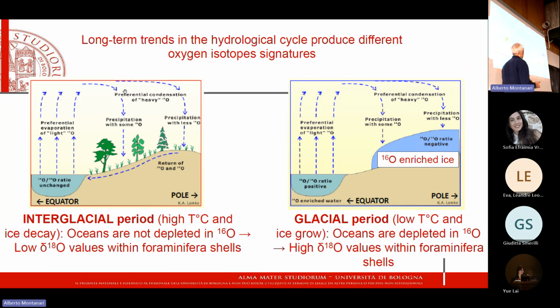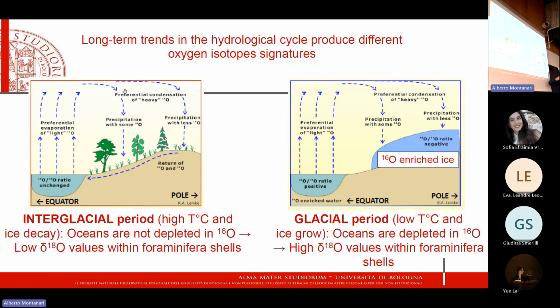Okay. What happens when it becomes icy? The ice is enriched in O16 because of the evaporation. So O16 remains trapped into the ice, and then in the ocean the isotope O18 becomes much more abundant.